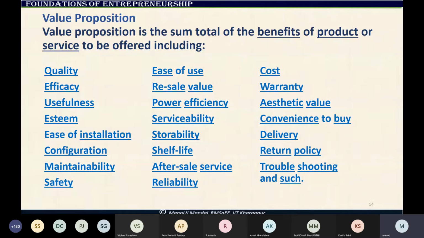Competitors are always at the back of your mind: they are offering this, so I must offer a better product in terms of those values. All these are part of value proposition, meaning you can improve any of them, or many of them, or all of them, to convey to your customer that I have better value for you.